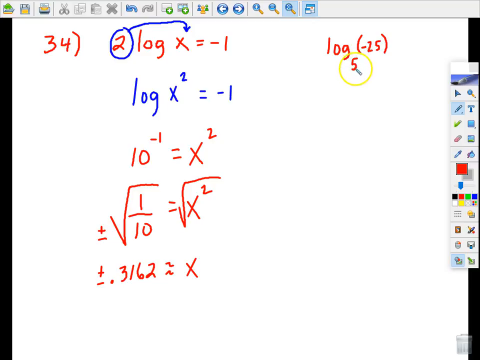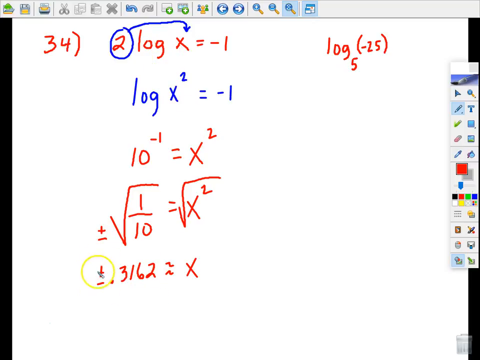And it literally says 5 to what power would equal -25, and your answer was undefined or not possible. Well, that's really, if you go back to the original equation, that's what we're being asked to do here if we let x be -0.3162. We're going to be attempting to find the log of a negative number, and that is not possible as long as the base is a positive number, and it is.